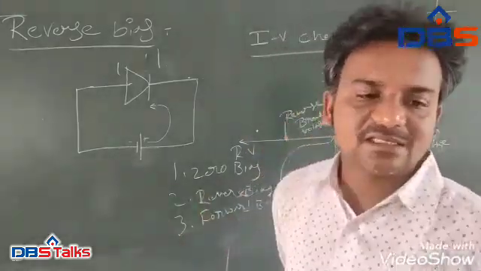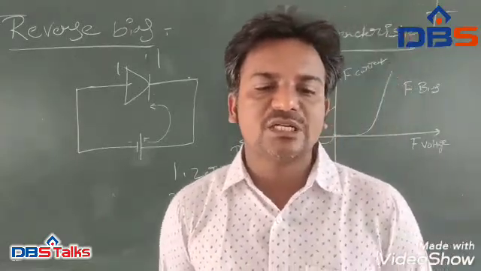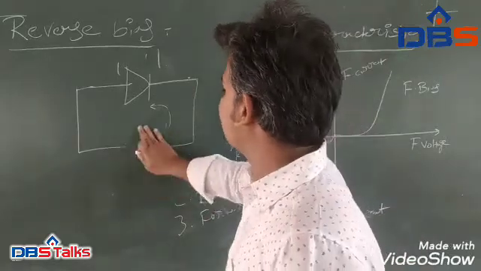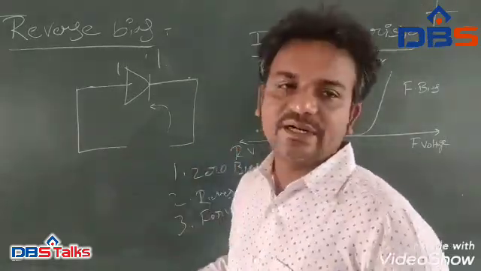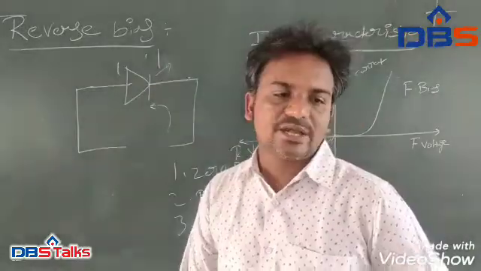Zero bias means that no external voltage potential is applied to the PN junction diode. In the zero biasing condition, we don't apply any external voltage to the PN junction diode.